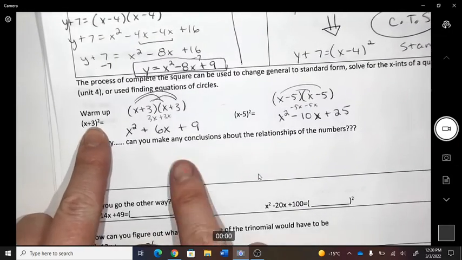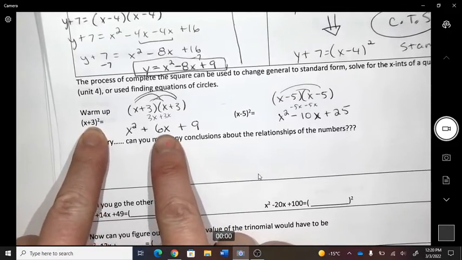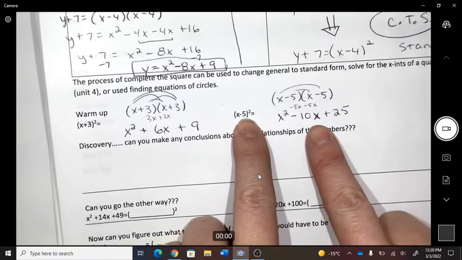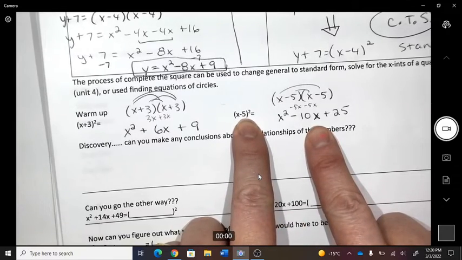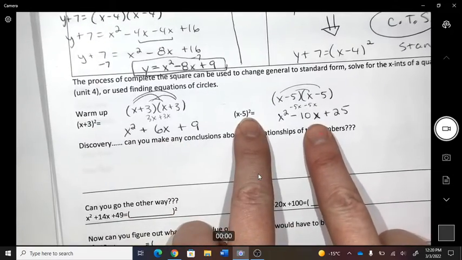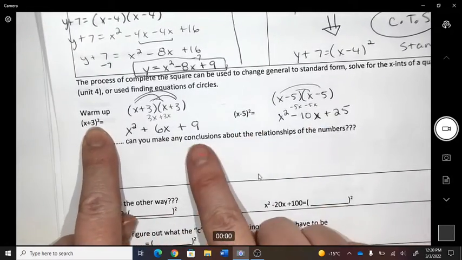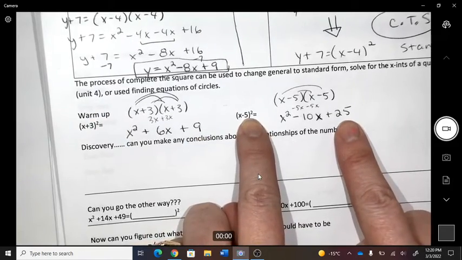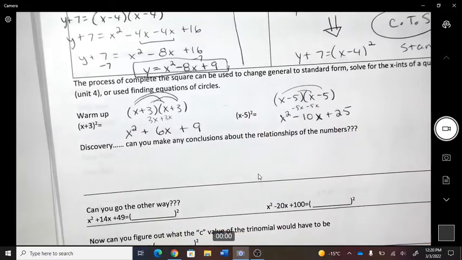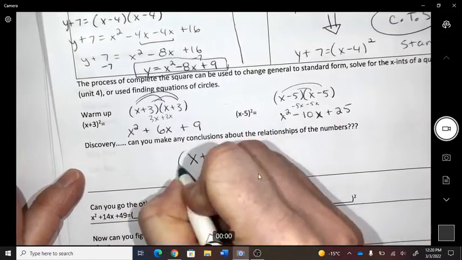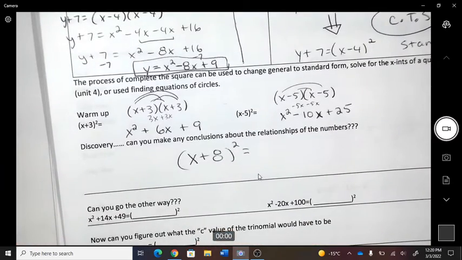Okay, so ready? Let's look at this 3 and then 6x. This was a minus 5 and this is a negative 10x. There's something connecting that and that. Okay, what's the connection between that number and that number? That number and that number. Okay, so in a quick thought process here, what is this going to be?